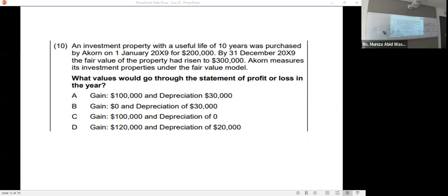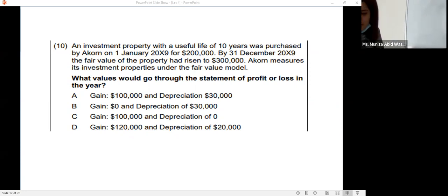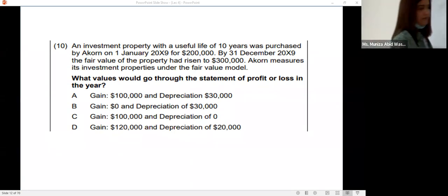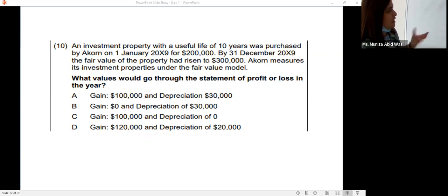What values would go through the statement of profit or loss in the year? An investment property with a useful life of 10 years was purchased by Acorn on 1st January 2009 for $200,000. By 31st December 2009, the fair value of the property had risen to $300,000.